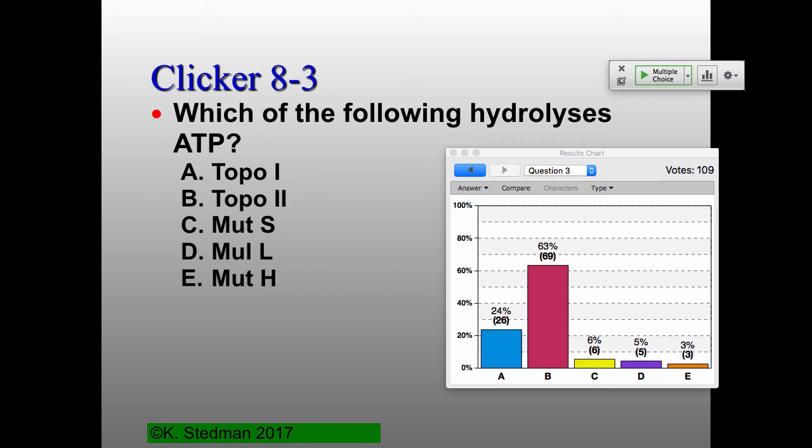Good, because they're associating with a mismatch and finding the right place.